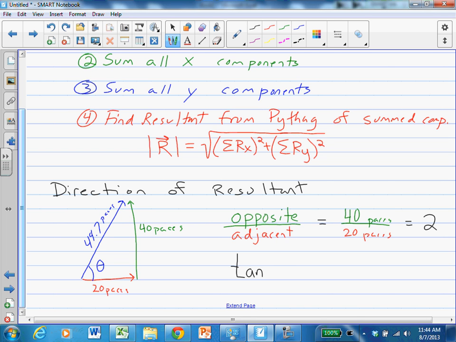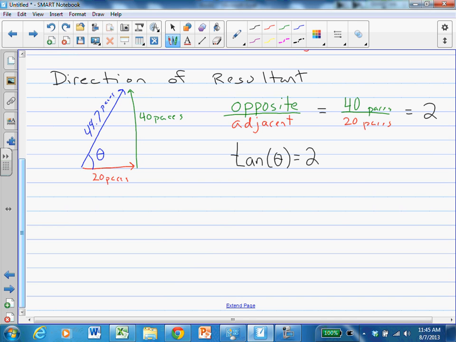So the question is, what angle in a right triangle, any right triangle, has a ratio of opposite over adjacent equal to 2.